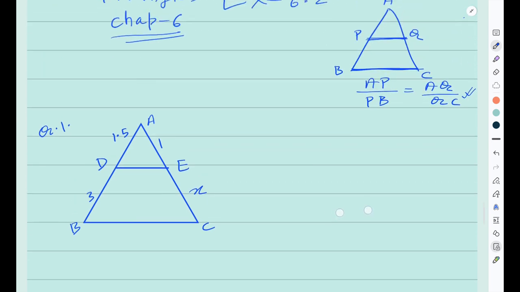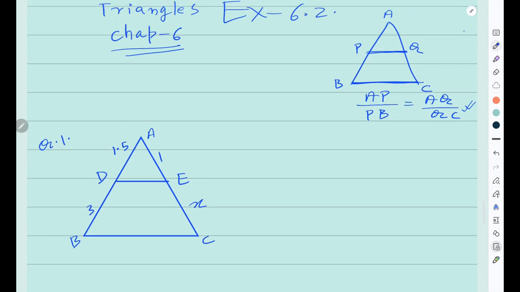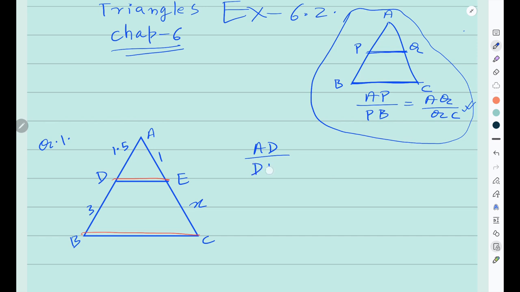Just now, in the recap of what we learned in the last video, we saw that when one line is parallel to the base of any triangle, it cuts the other two sides of the triangle in such a way that the ratio is the same.